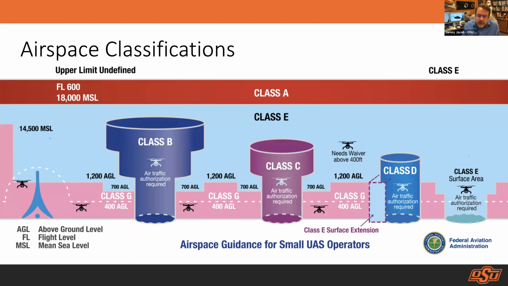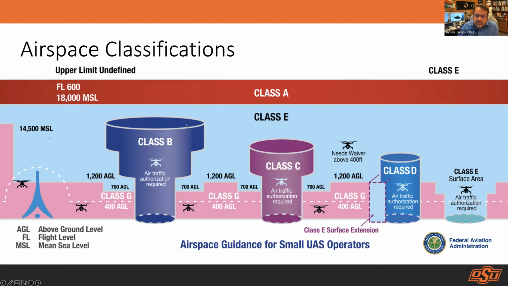So let's talk a little bit about airspace. The FAA does divide airspace into different what are called classifications. We don't have to be worried about Class A because that's 18,000 feet and higher, so it's very unlikely that we're going to be flying our UAVs up to that altitude.